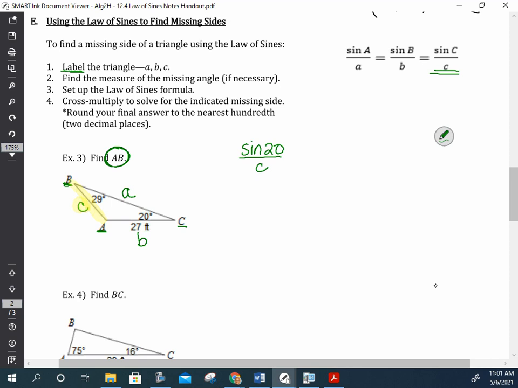The other fraction is an angle side combination that we know. I can't use angle A and side A because I don't know either one of them. I have angle B and I have side B. So there's your other fraction. Any questions before we go to solve that?